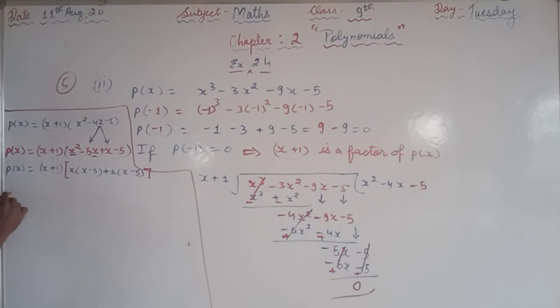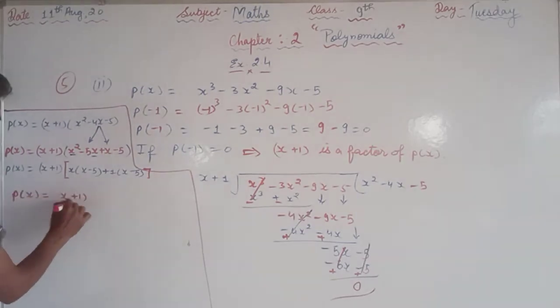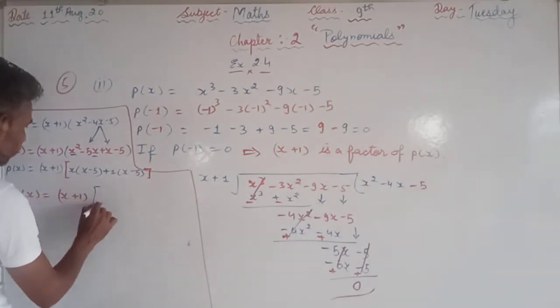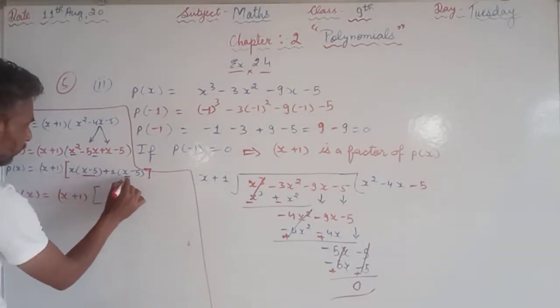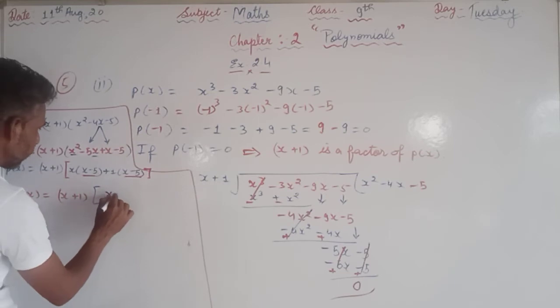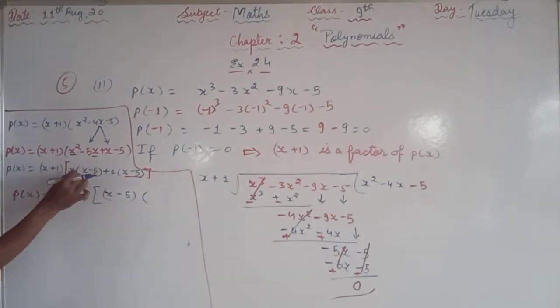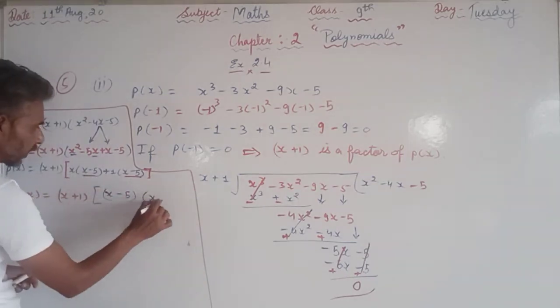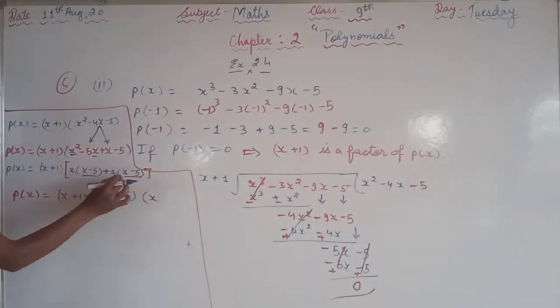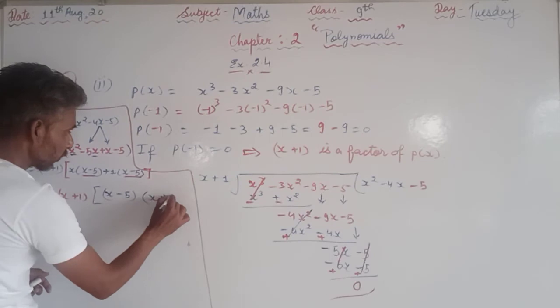Afterwards we will write again p of x is equals to x plus 1 into, now here x minus 5 is common, sorry. So if you take x minus 5 common from here, we will be left with only x, and if you take x minus 5 common from here, we will be left with plus 1.